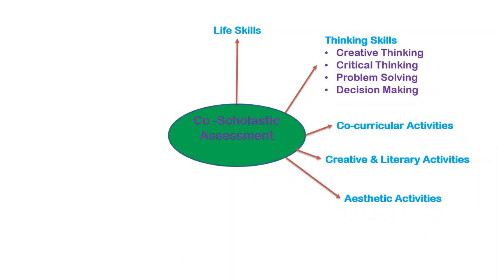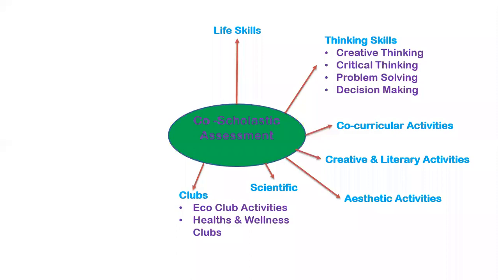Then you have scientific activities, which means scientific experimentation. And you have the clubs, which might be eco club activities or health clubs or any other clubs. You can check how the child is performing in those particular clubs.